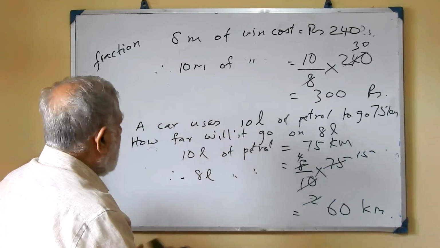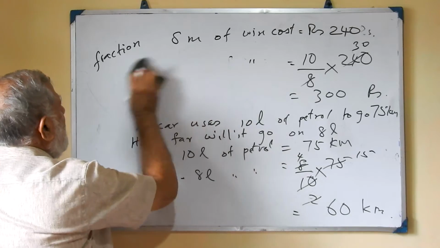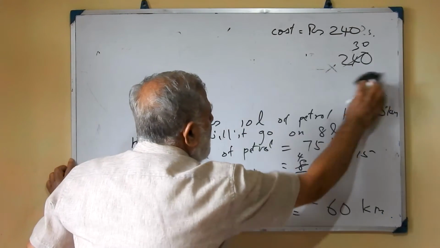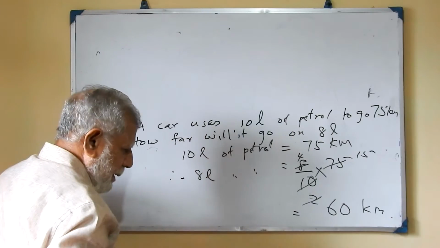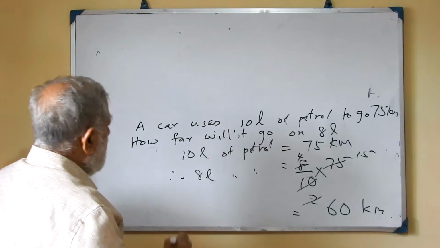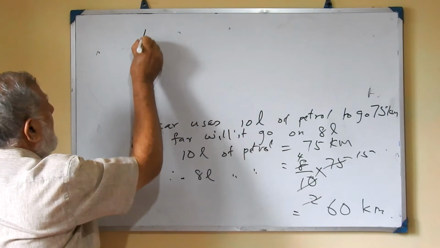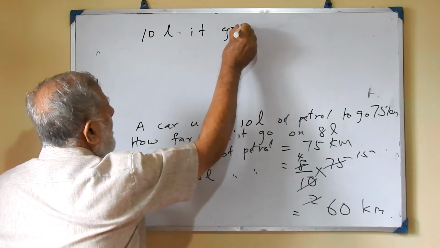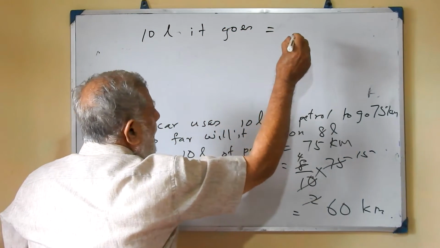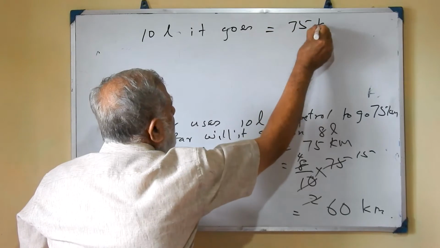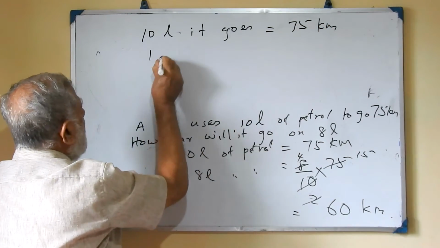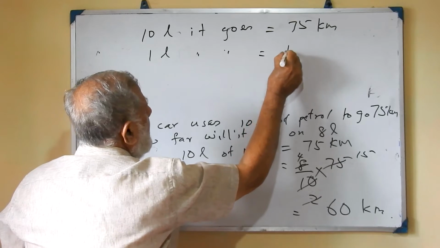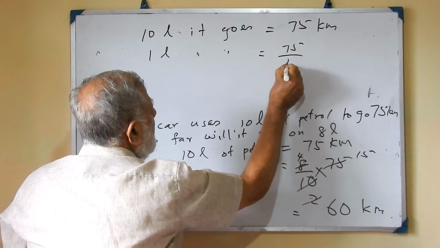If we are doing this by the unitary method, we can do it also. But the unitary method takes more time and there are 3 steps. So 10 liters, it goes 75 kilometers. Therefore 1 liter it goes 75 upon 10.